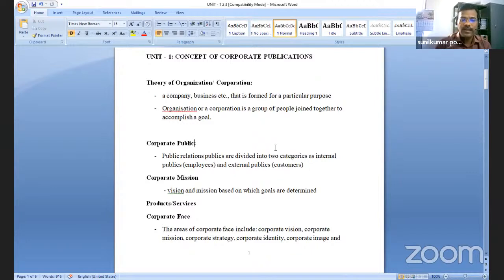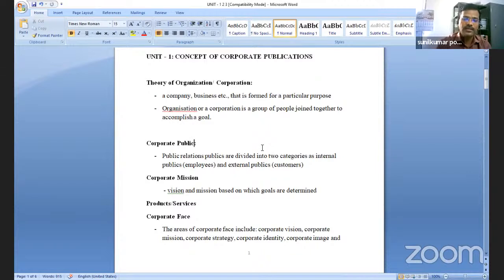Number one is internal publics and number two is external publics. Internal publics are the employees who are working with that organization or company. And external publics means customers, dealers, stakeholders, shareholders. These all come under the external public.